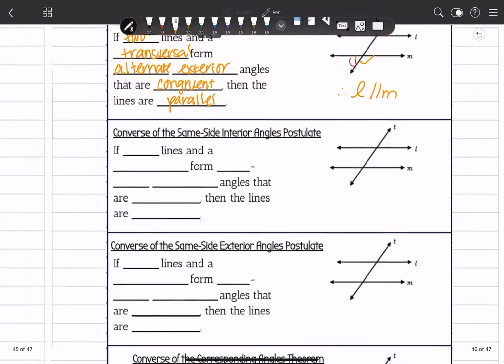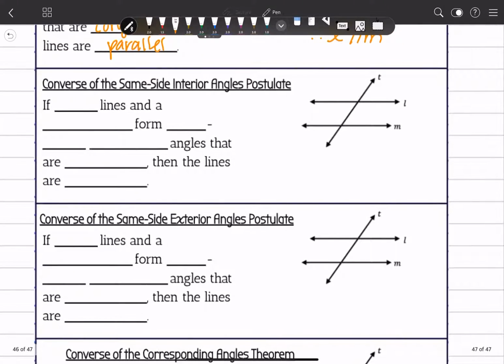Right? The same side interior and exterior angles are similar. You'll remember, though, that they become supplementary. Another way to also say same side is consecutive. So you'll have consecutive interior angles or consecutive exterior angles, and we talked about this yesterday as well. I want you to be familiarized with both versions of the name.